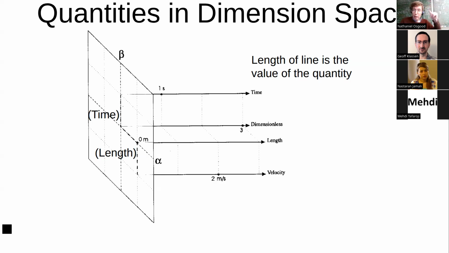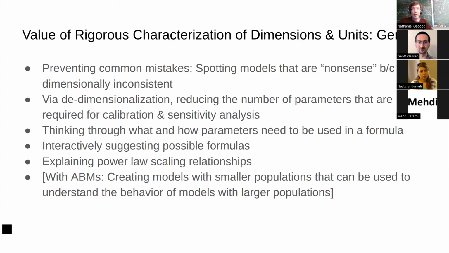T to the -1, L to the 1, or for an area, L squared, t to the 0. So we could encode that quantity by writing out a vector of the exponents of each of the dimensions: 2 and 0, if we think of the first one as being length and the second one being time. And then the actual quantity would have a number associated.